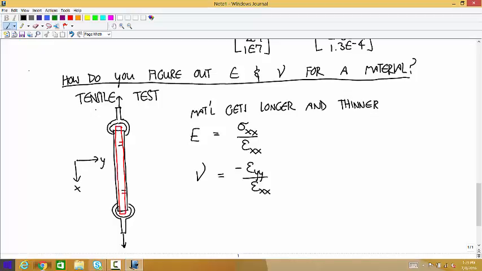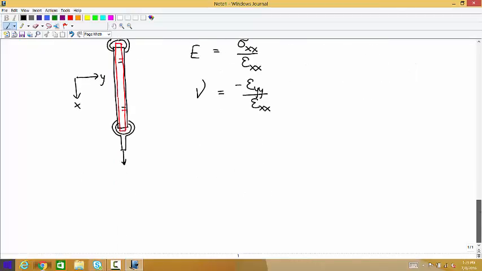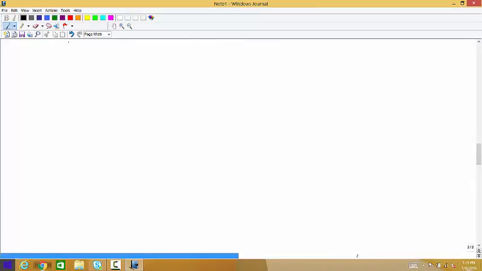Okay, so let me give you some fake data and we'll calculate this. So example. Let's say that we have a rectangular solid before deformation.